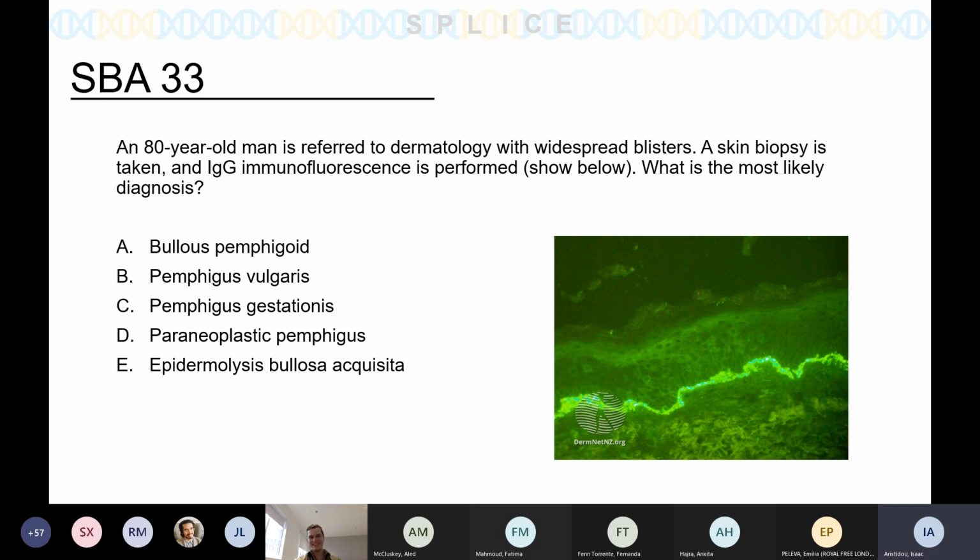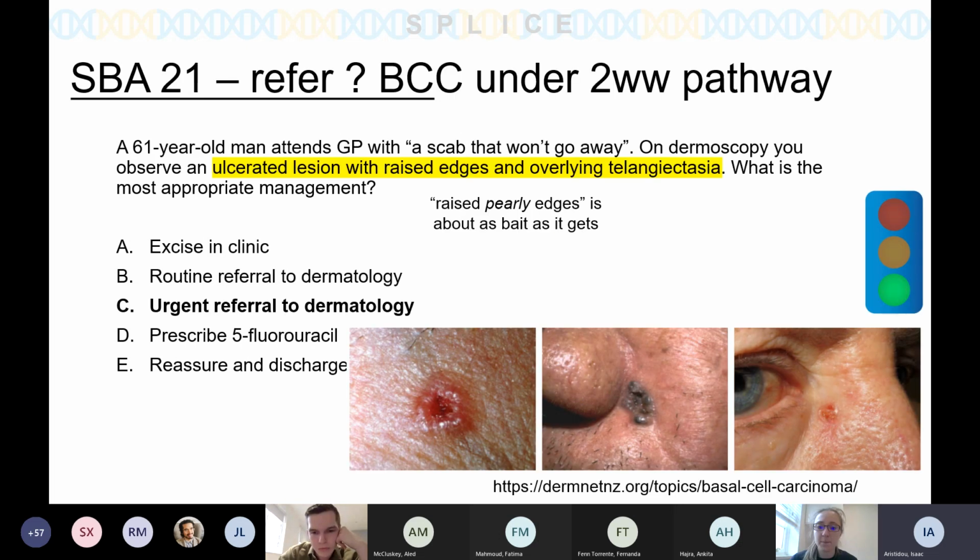A few that raised concerns was regarding BCC management. You said it was a 2-week wait referral. However, a lot of people seem to think it's a routine referral, and I had a quick look, and it does say routine referral. Just wanted to clarify that. Okay, fair enough. It is variable.